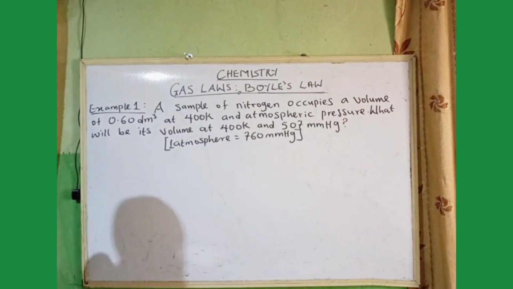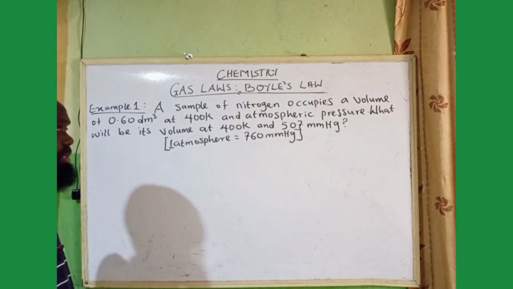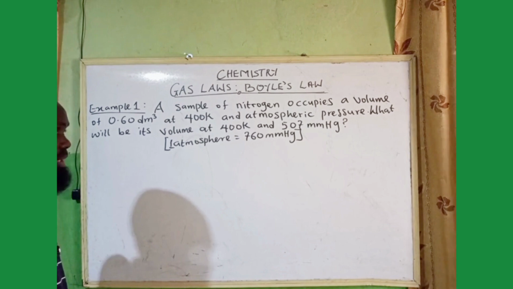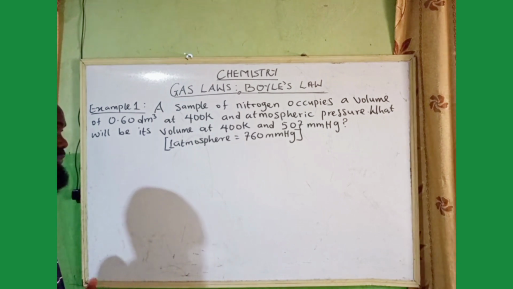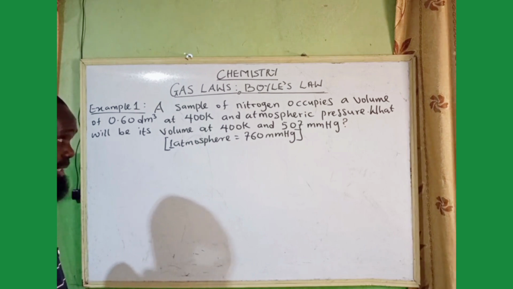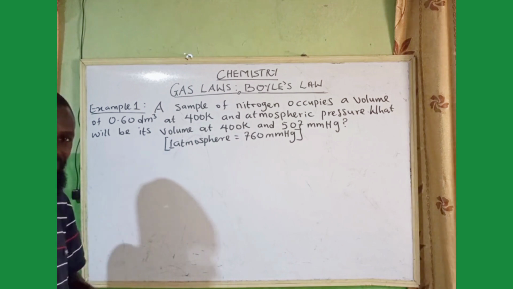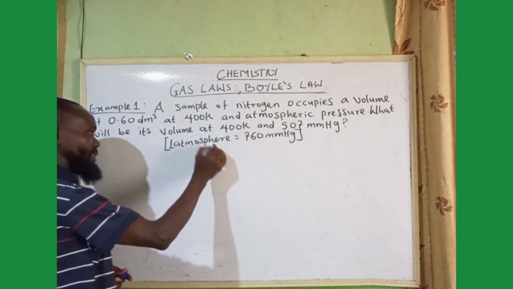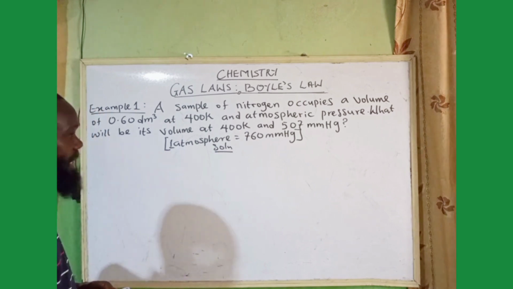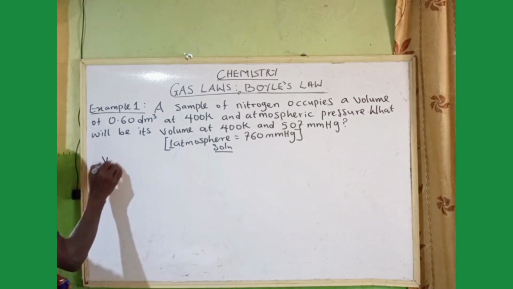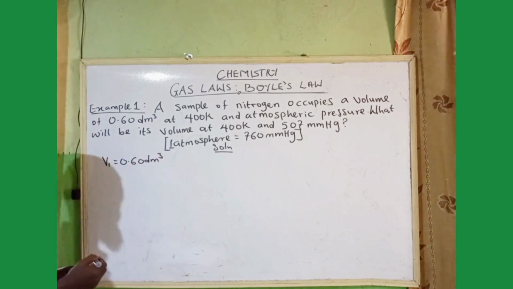Example 1. A sample of nitrogen occupies a volume of 0.60 dm cube at 400 Kelvin and atmospheric pressure. What will be its volume at 400 Kelvin and 507 millimeter of mercury? Given that 1 atmosphere equals 760 millimeter of mercury, let us interpret this. A sample of nitrogen occupies a volume V1 of 0.60 dm cube at 400 Kelvin.